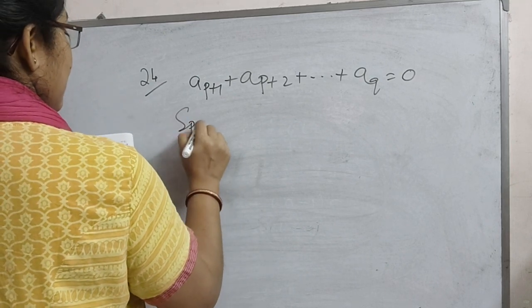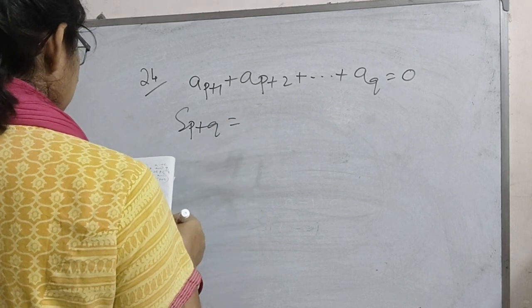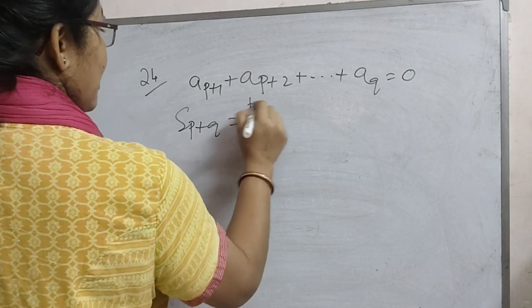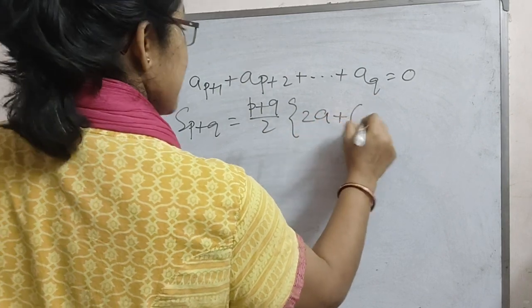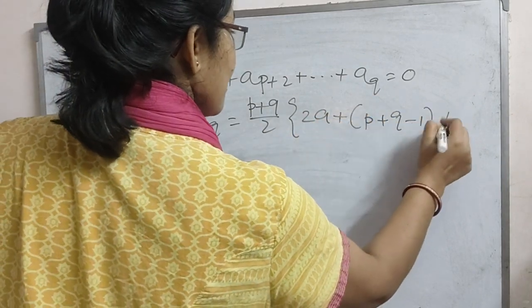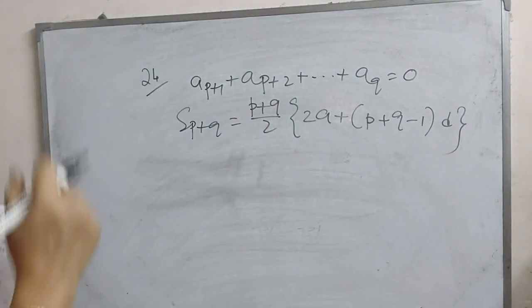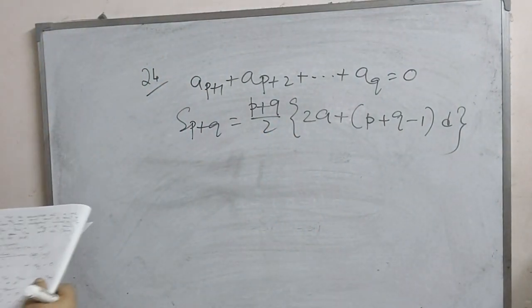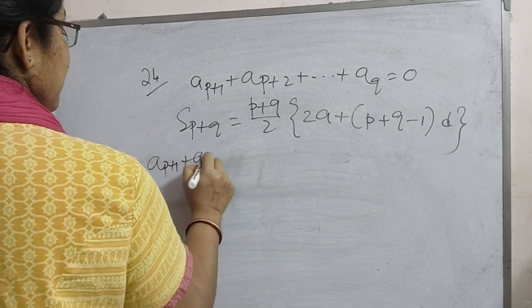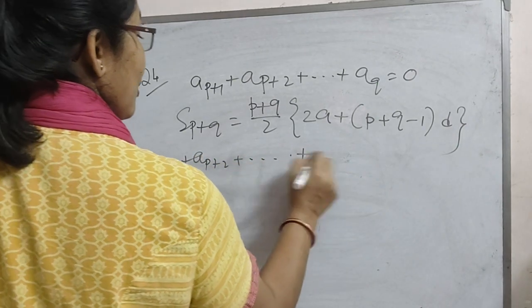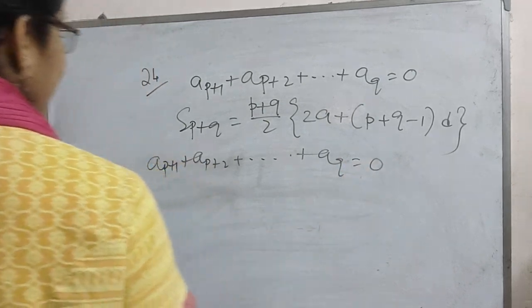That means we have to find (P plus Q) by 2 into (2A plus (P plus Q minus 1) into D), where A is the first term and D the common difference. Here it is given that A(P plus 1) plus A(P plus 2) up to AQ equals 0.